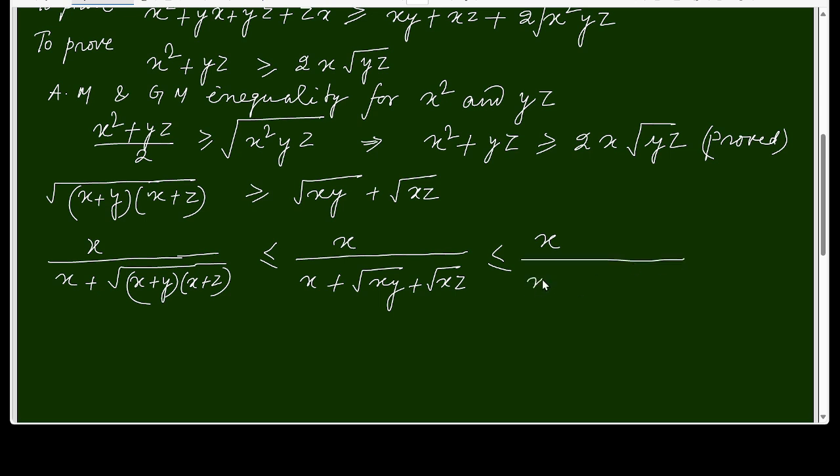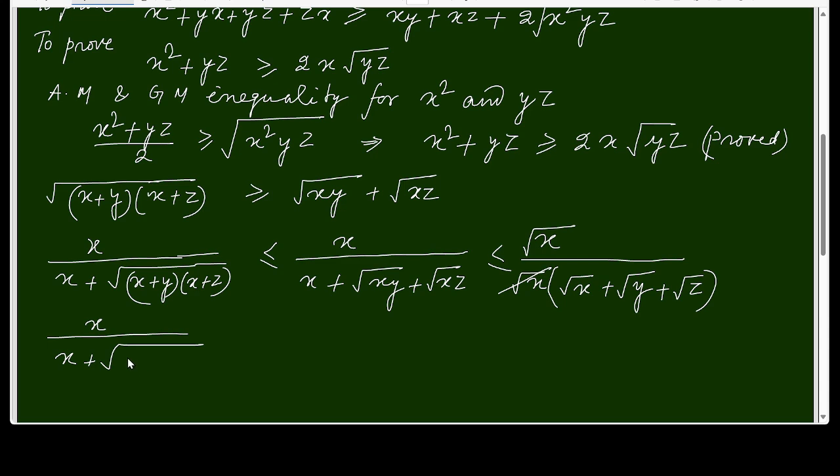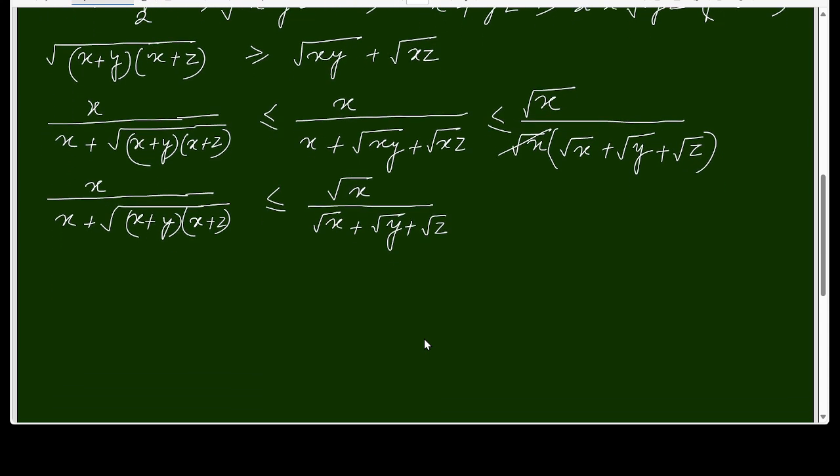I'll take square root of x common, and it will be square root of x over square root of x plus square root of y plus square root of z, and this will cancel with square root of x. So ultimately we are getting x over x plus square root of (x plus y)(x plus z) is less than or equal to square root of x over square root of x plus square root of y plus square root of z. I hope you are now getting the idea.